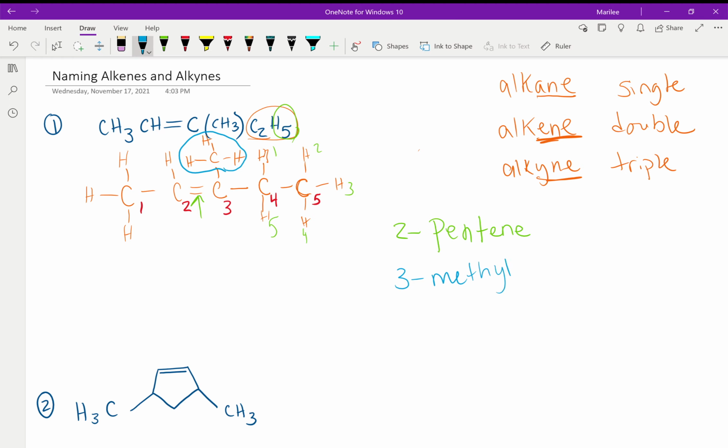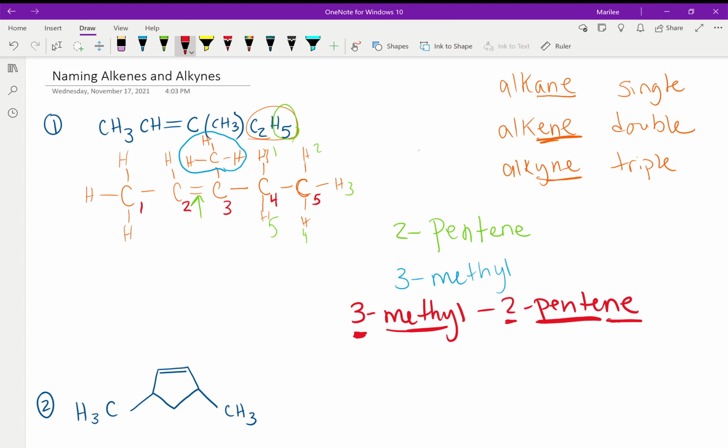We put that together, and we have 3-methyl-2-pentene. So our methyl group is at the 3rd carbon. We have a 5-carbon chain, the pent, and it's showing our double bond, the -ene, is at the 2nd carbon.